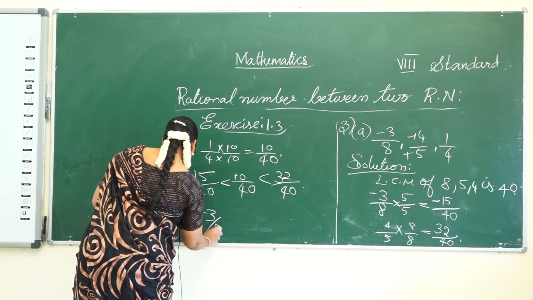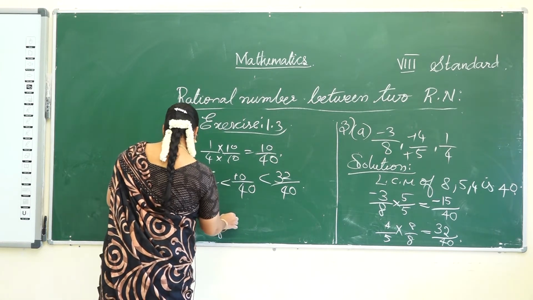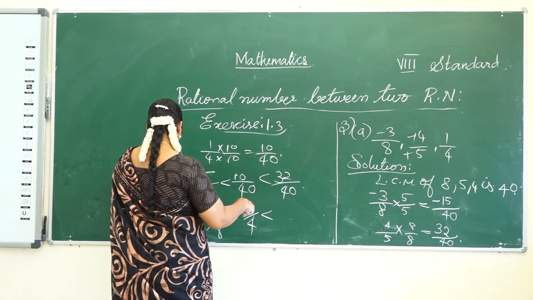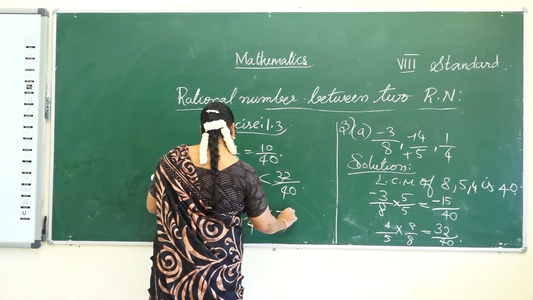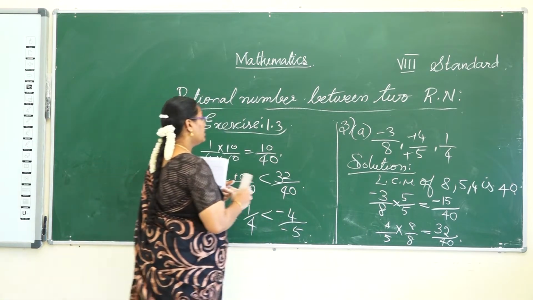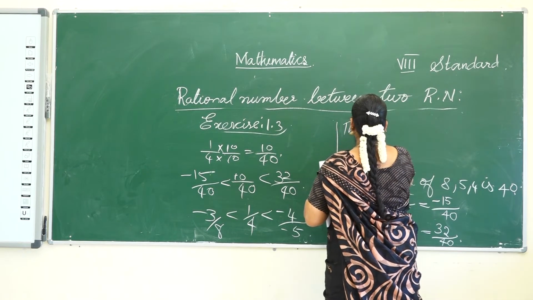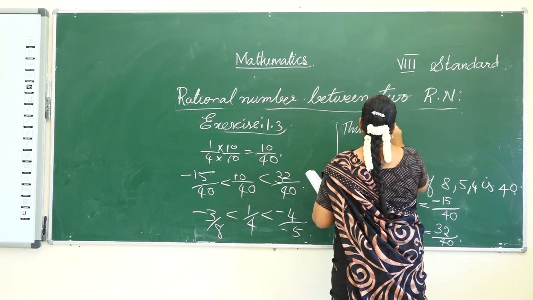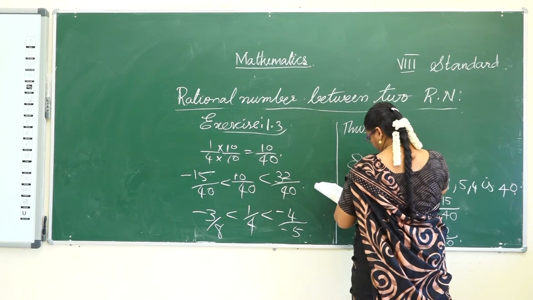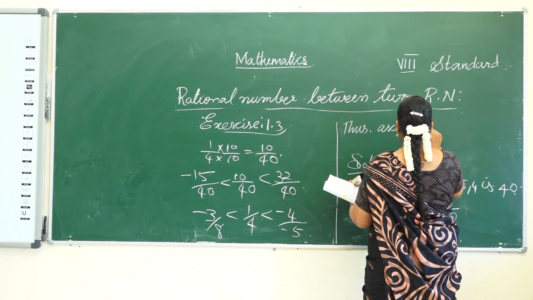Minus 4 by 5, then minus 3 by 8, and then 1 by 4. Thus the numbers are in ascending order.